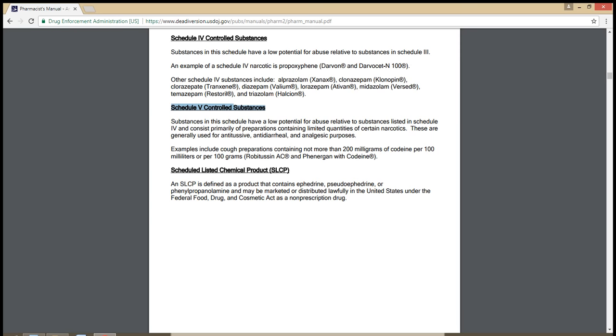Here in Washington, we don't usually dispense or distribute Schedule 5 medications. We usually get a prescription for it, because the Pharmacy Commission here in Washington stated that in order to dispense Schedule 5 medication, it has to be for medical purposes.